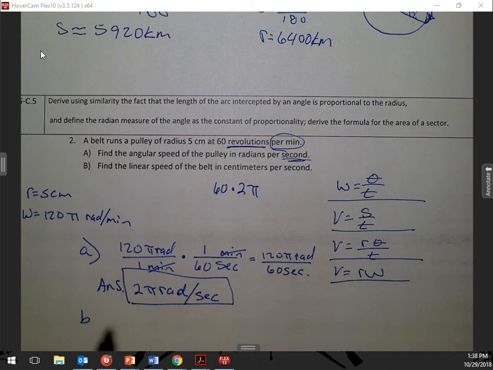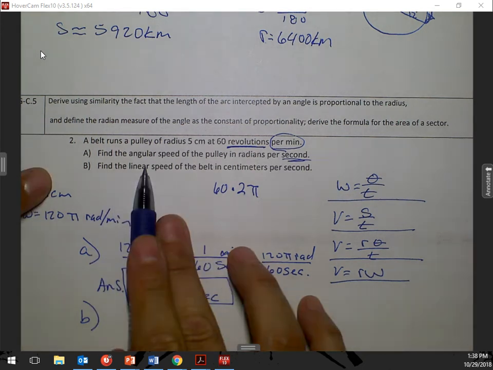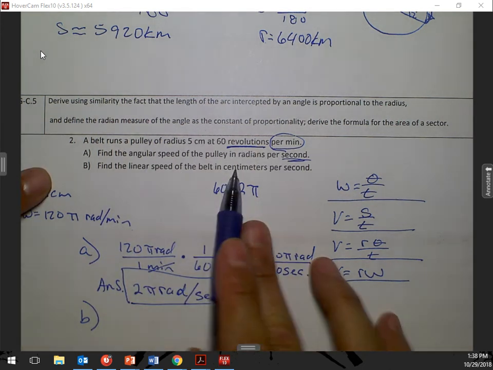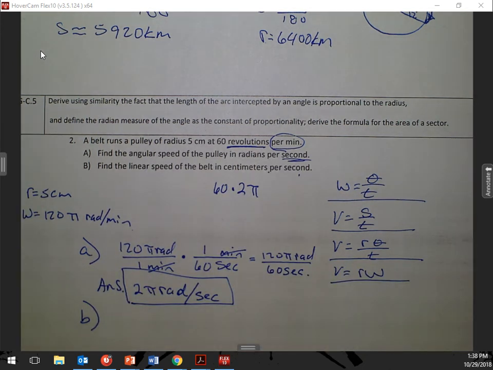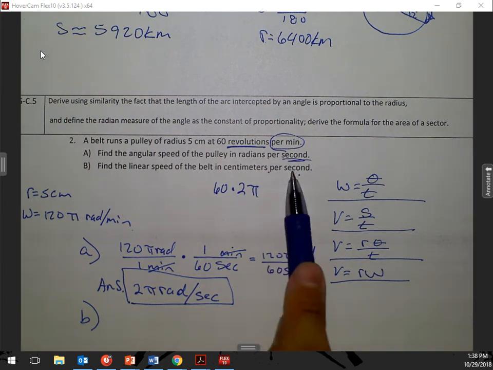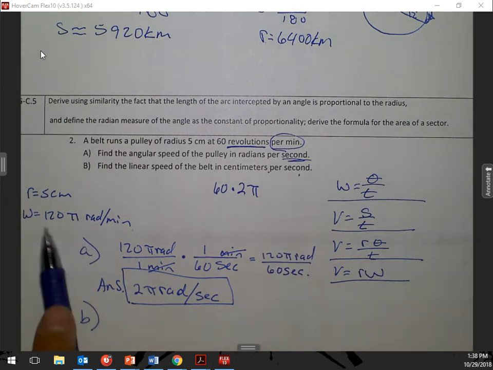So B. Find the linear speed of the belt in centimeters per second. Okay, centimeters per second. So linear speed is going to be the V, right? Yes. Linear speed is going to be V, but it's centimeters per second. So am I going to use this one?